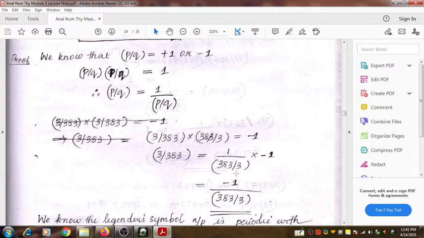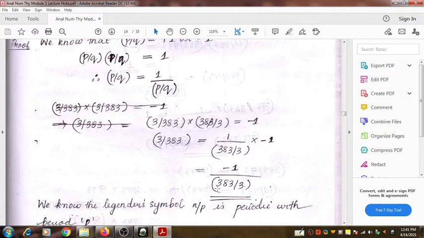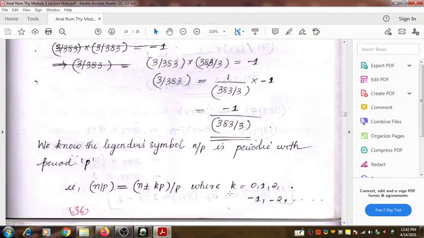But this is in the denominator, and 1 divided by (383 bar 3) is equal to (383 bar 3). So you can write the answer as minus 1 into (383 bar 3).